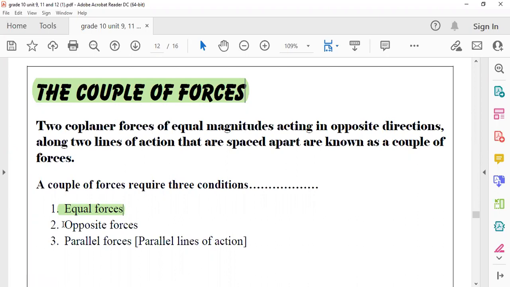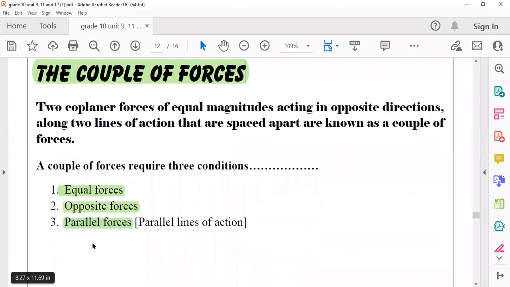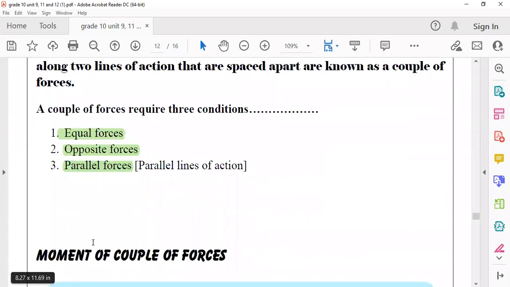Number one, equal forces. Number two, opposite forces. Number three, parallel forces. If these three conditions are fulfilled, they will be what kind of forces? A couple of forces. Right?